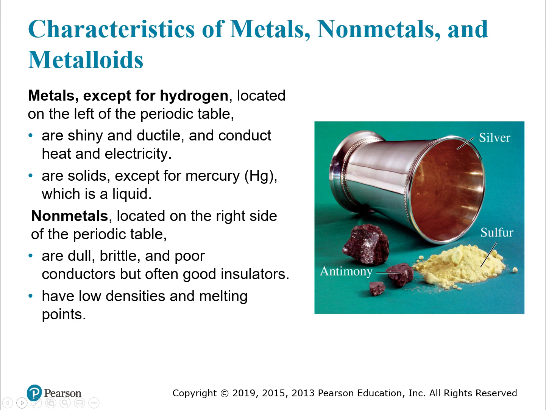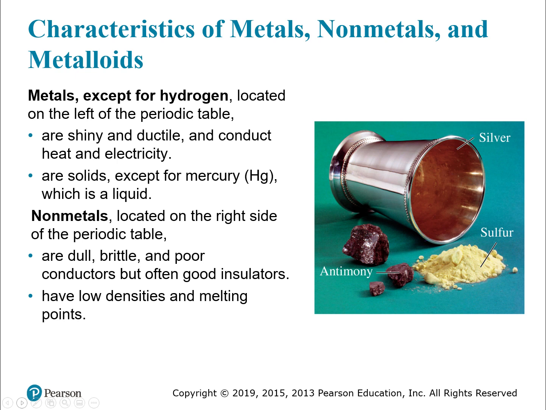Metals can be extruded into long wires, and that's what ductile means. You can hammer them, you can extrude them into thin wires, and they won't break. Metals are also conductive. They're great for conducting heat and electricity. And for the most part, they're solids.